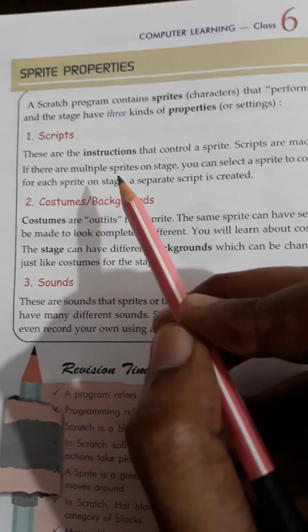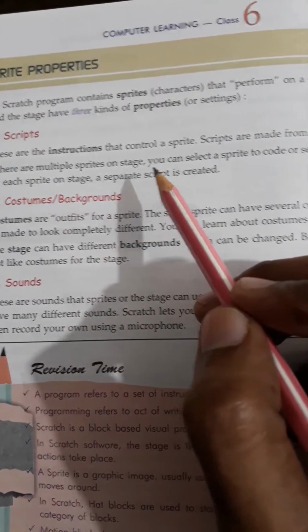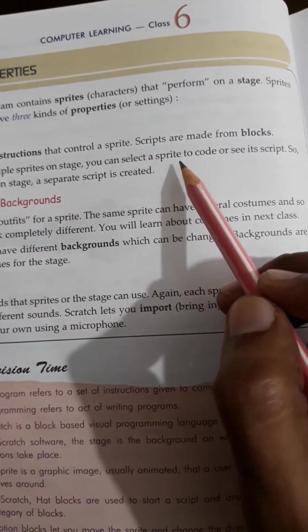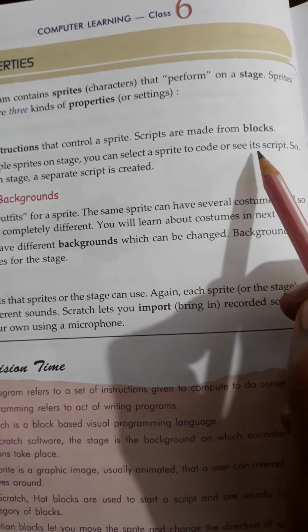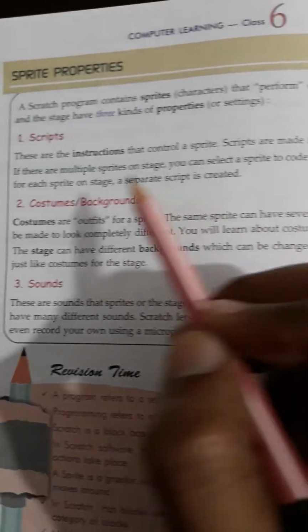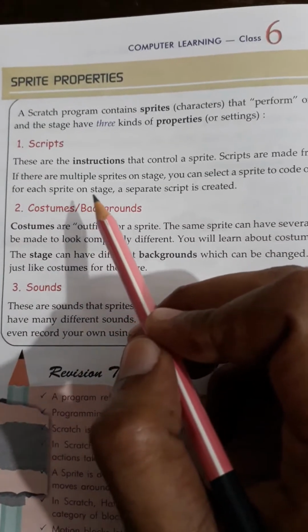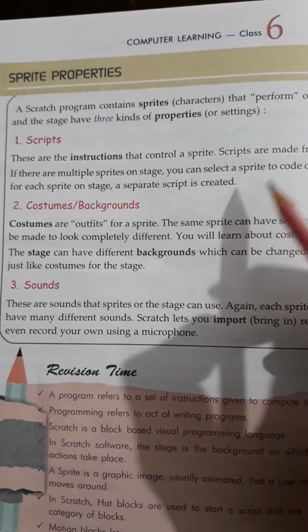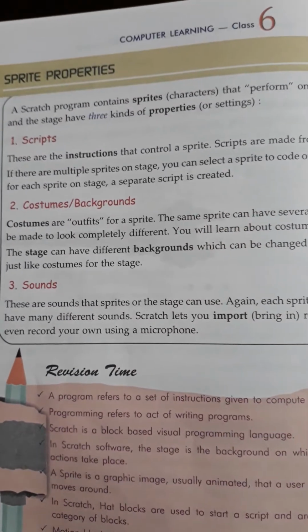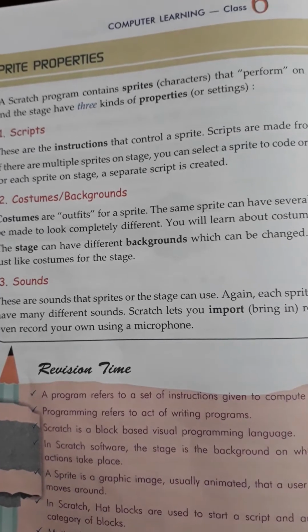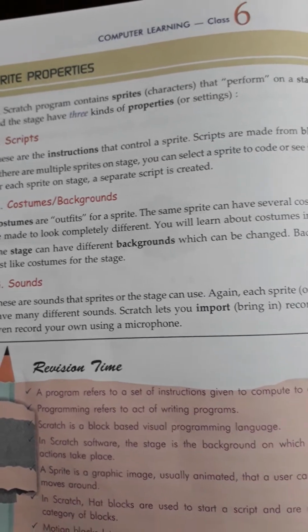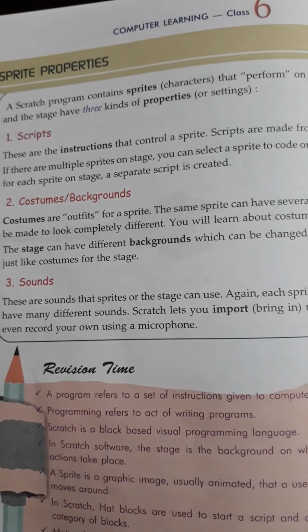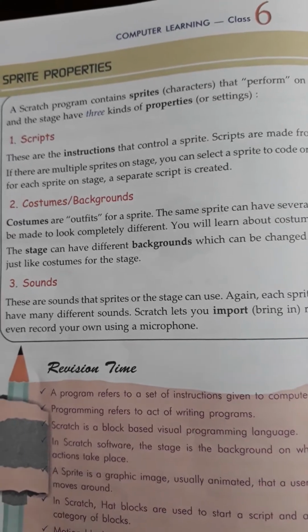If there are multiple sprites on the stage, you can select a sprite to code or see its script. So, for each sprite on stage, a separate script is created. A script is the instruction or program that we write for the sprite, and the sprite follows those instructions and performs actions.